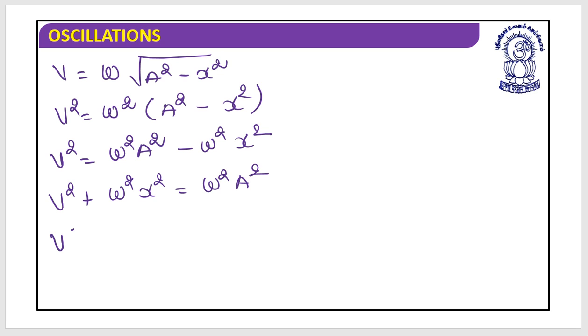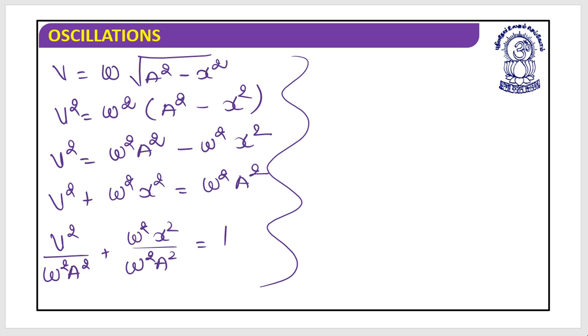If I divide this by ω²A², it's v²/(ω²A²) + ω²x²/(ω²A²) = 1. The ω² cancels, so this is v²/(ω²A²) + x²/A² = 1. I hope this is clear.